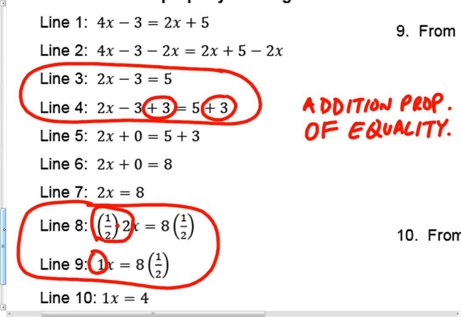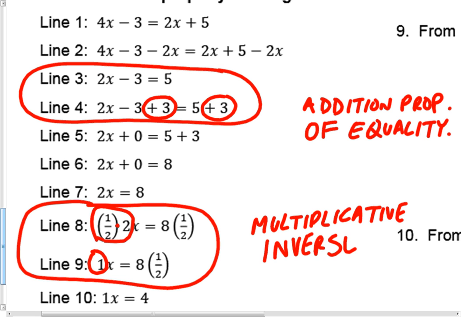Inverse. Look at it this way. If you see flipped versions of a number, 1/2 is a flipped version of 2. That's inverse. And what was the result? The result was the number 1. Anytime 1s and 0s show up, you probably have a very specific property you should be thinking about.